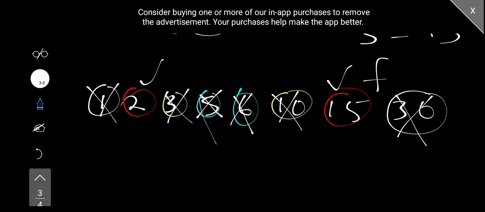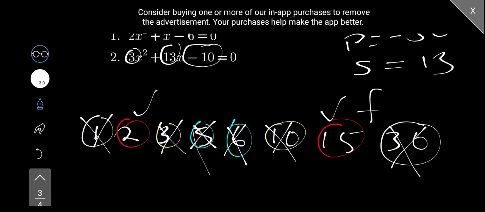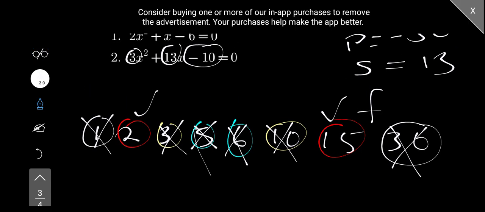Okay, so we have 2 and 15 as factors. Now, 2 and 15, which one should be negative? We know that when we put a negative to a smaller number, we get a positive result. We put a negative to the bigger number, we get a negative result. So therefore, since our 13 is positive, 2 will be negative and 15 will be positive.